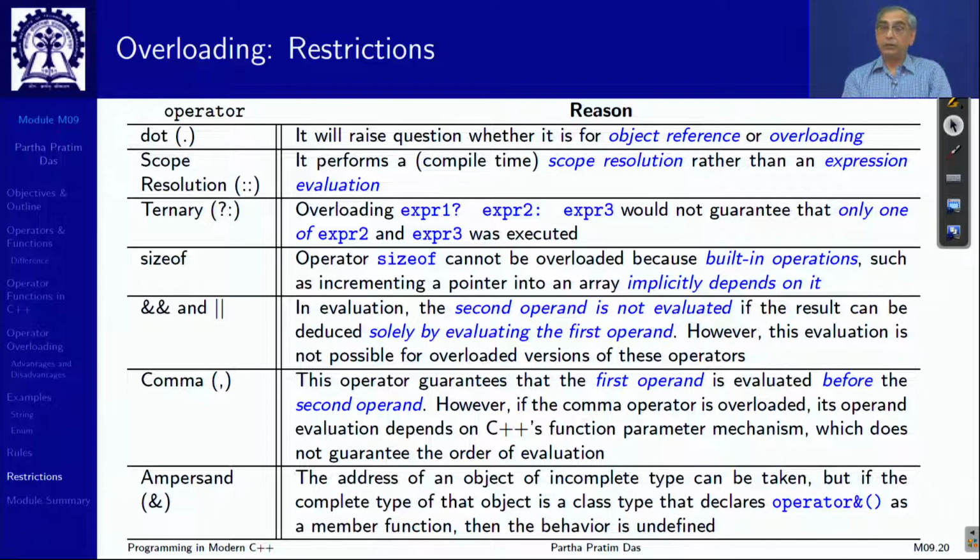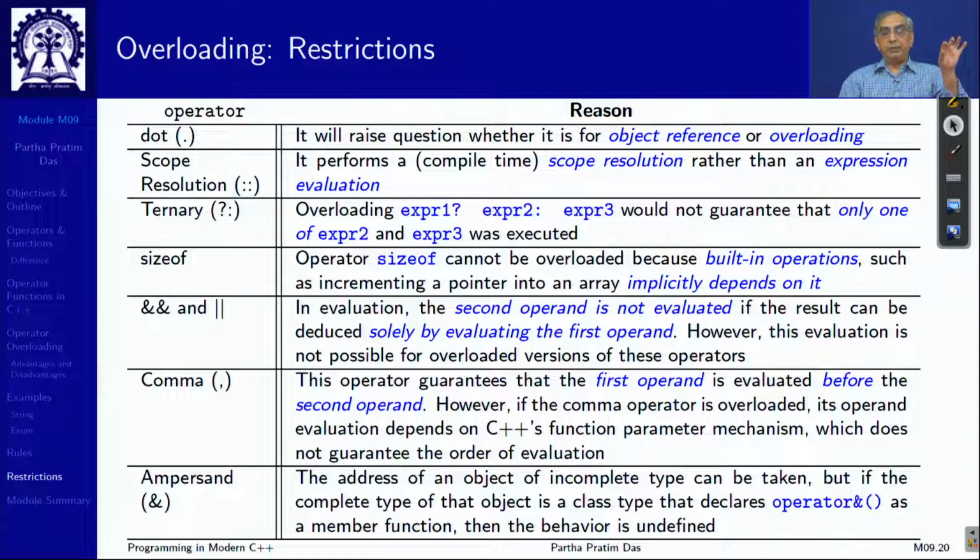Now, the restrictions you must have realized by now. The dot cannot be overloaded, because with that you will not know whether it is the overloading or the object reference. The scope resolution is static time, it cannot be overloaded. The ternary operator cannot be overloaded either. What is the ternary operator?